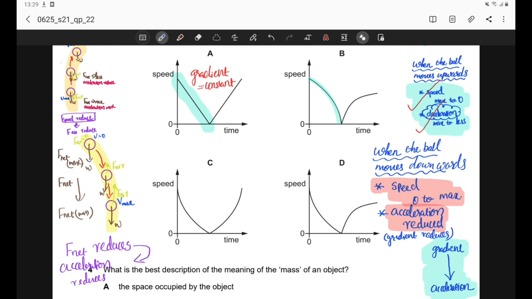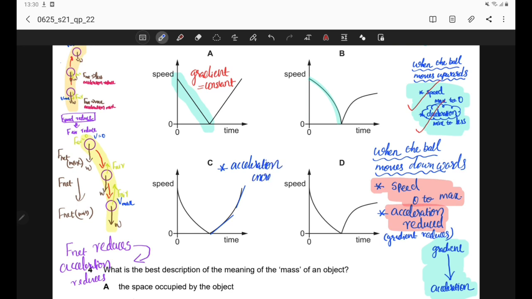When we are looking at option C and you check the gradient, that is a straight line passing through that point, you can see the gradient becomes steeper, or a greater value. So here, when the ball is falling from maximum height to the ground, as this line is becoming steeper, it represents an acceleration which is increasing.